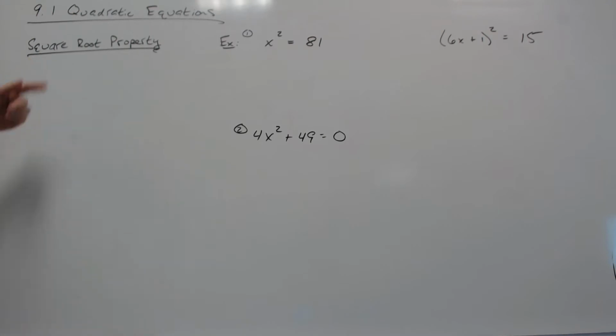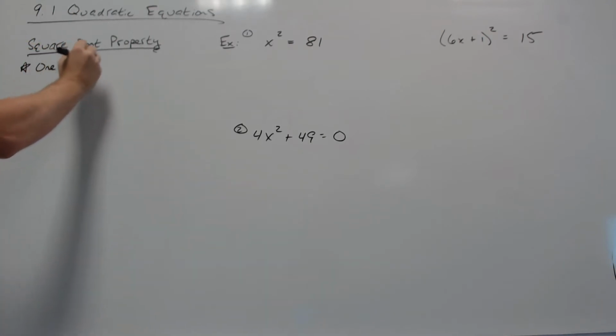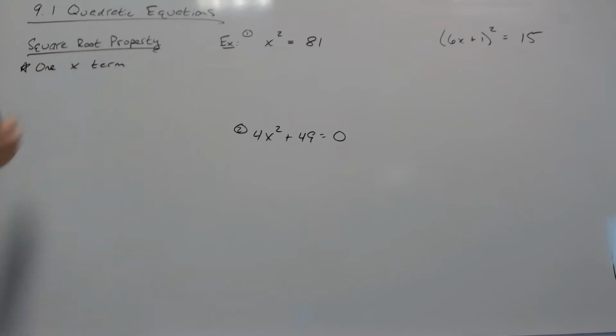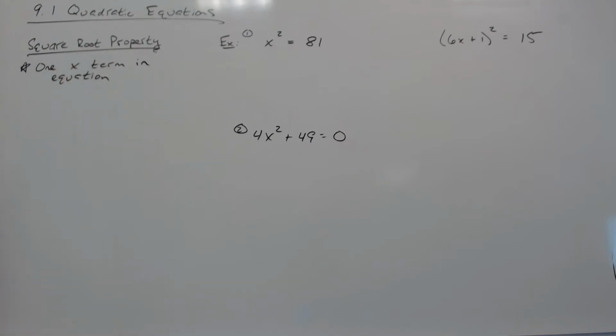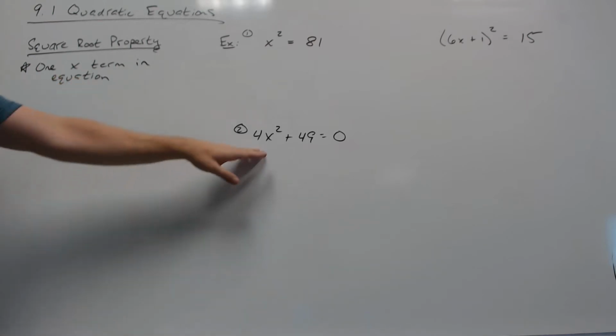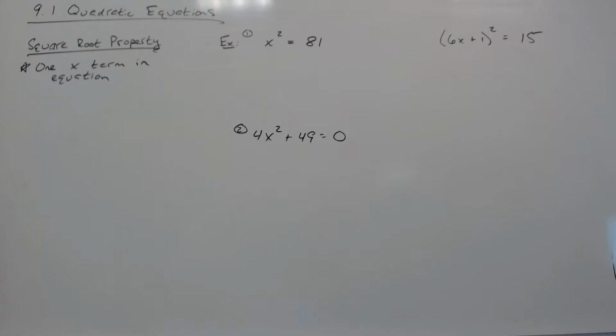So I'll write that down: one x term in equation. Most of the time the directions will tell you to use the square root property, but if they don't, the way to identify it is that.